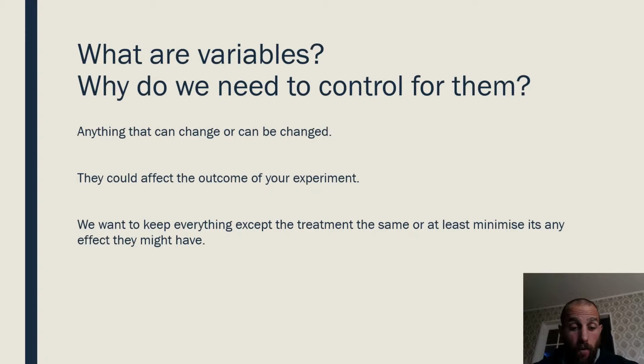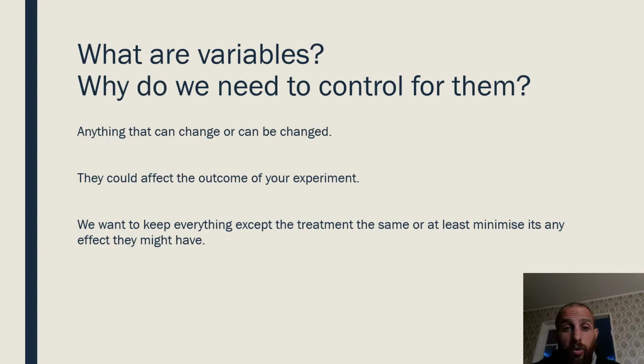So we might be looking at, for example, our measured variable, the thing that we want to see the change in, and we're going to measure for that to see if we can pick up any change. But there are other things that could create change that we don't want to create that change.